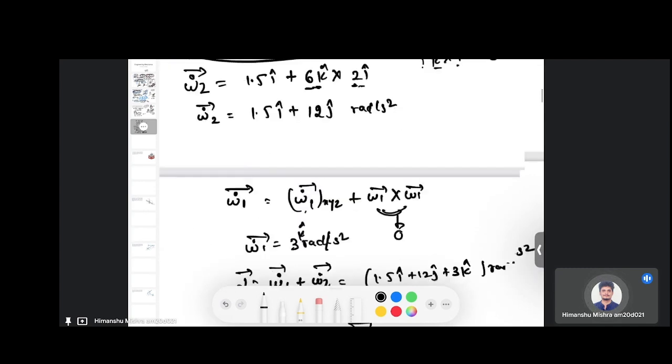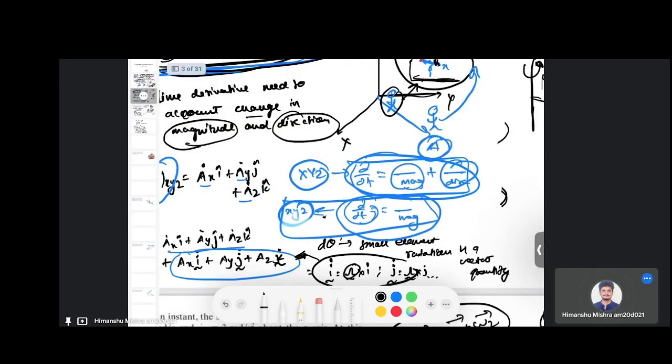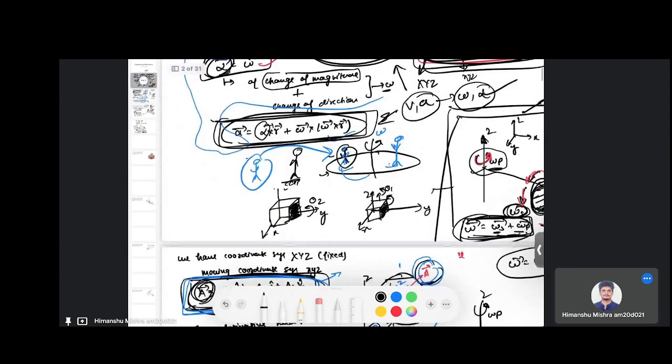And in a similar manner, you can calculate the acceleration using this equation. So here you need angular acceleration as well as the angular velocity.